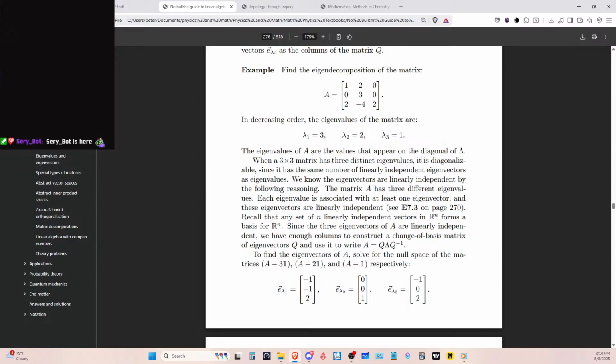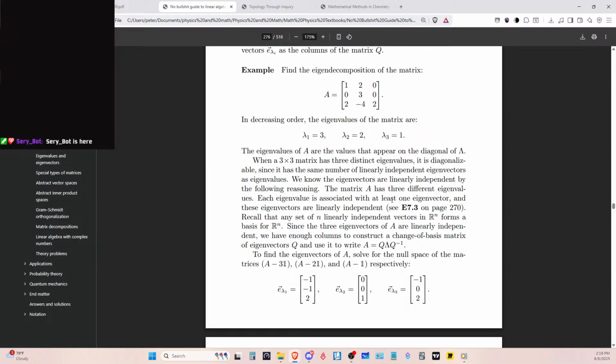has 3 distinct eigenvalues. It is diagonalizable since it has the same number of linearly independent eigenvectors as eigenvalues. So these are the eigenvalues. We know that the eigenvectors are linearly independent.